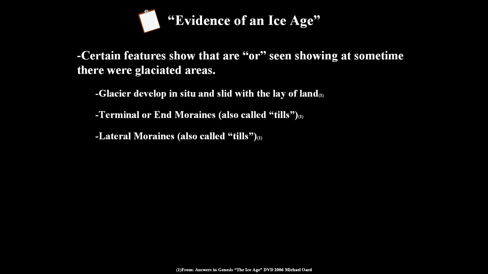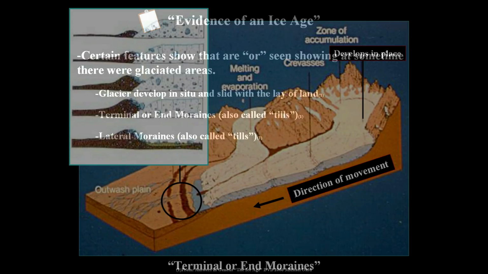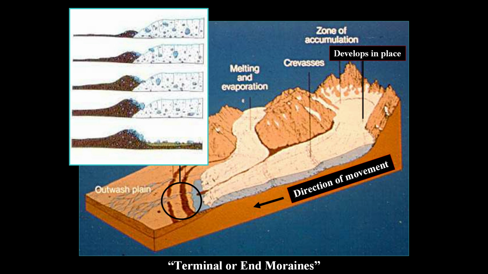There are terminal or end moraines, also called tills, where they can see there was a glacier in that area at that time. I'm going to show you pictures of this in just a minute. And then there are lateral moraines, also called tills.